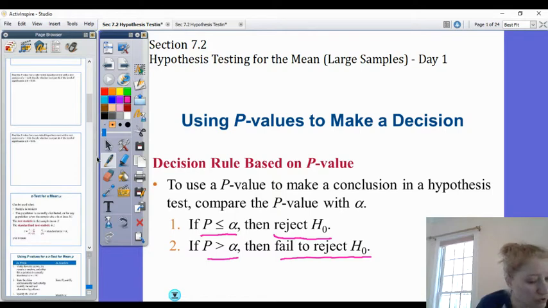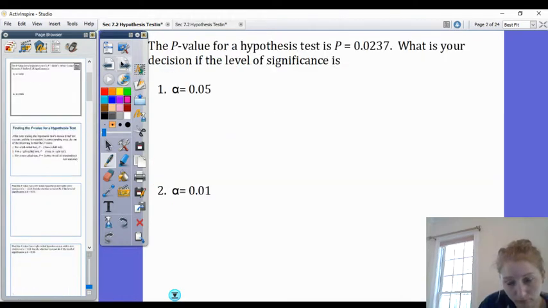Okay, so let's look at an example. For this first example, it's giving us a p-value of 0.0237, and our significance level is 0.05.